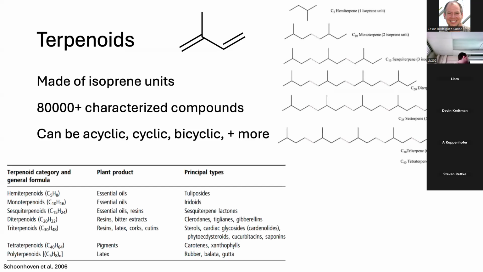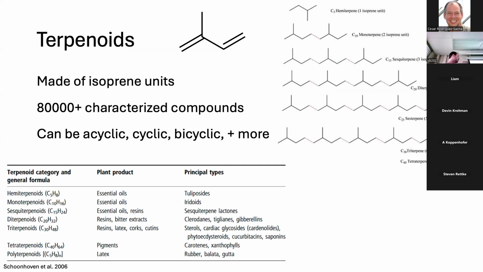And they are often named after the amount of the isoprene unit, right? So a monoterpene has two. It's a little tricky. A monoterpene has two isoprene units, but you see 1, 2. Sesquiterpene is 3. And there's a lot of different plant products that have these terpenoids in them.